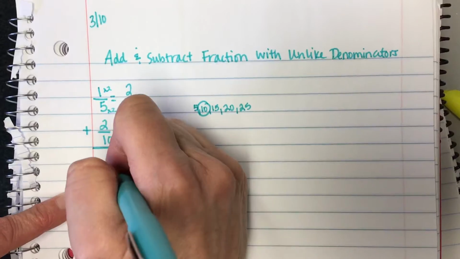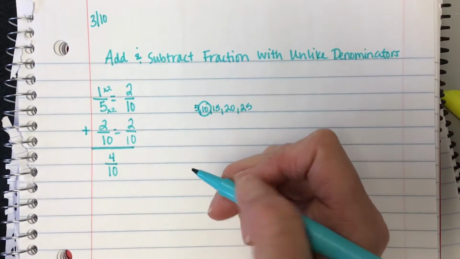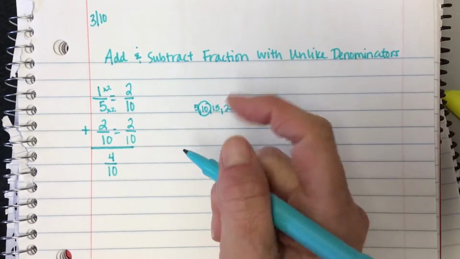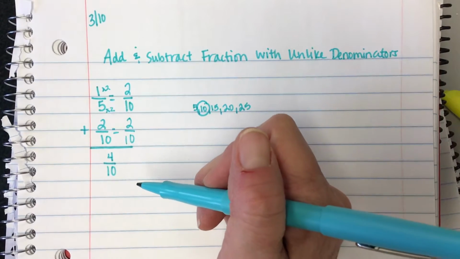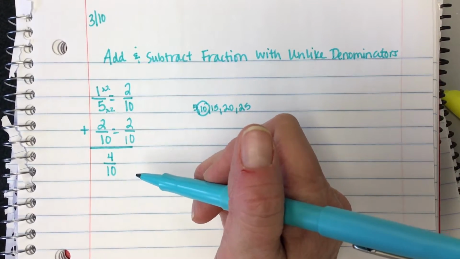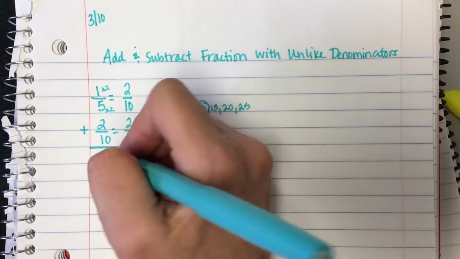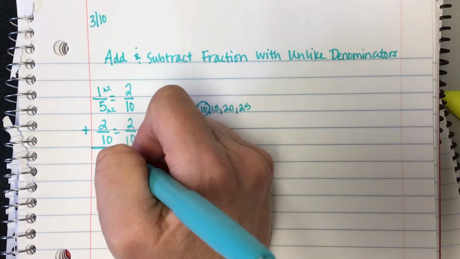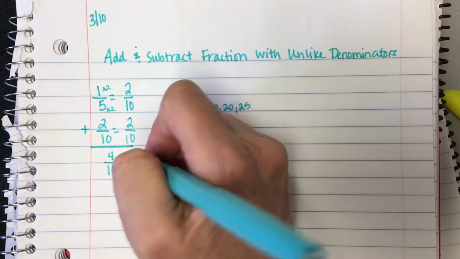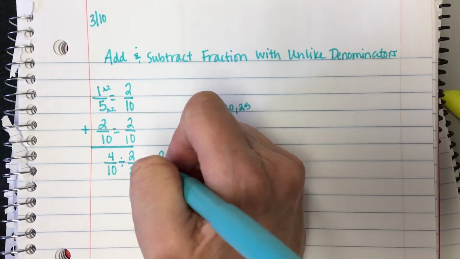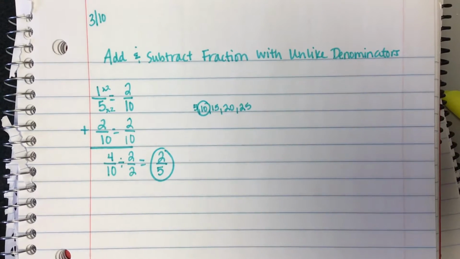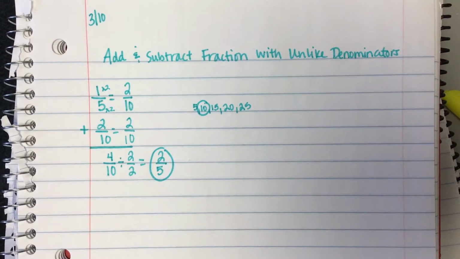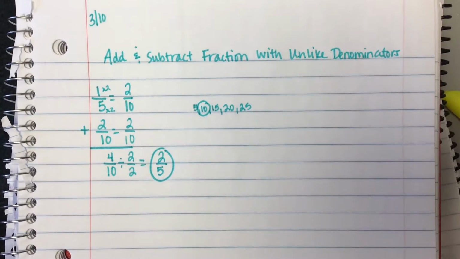And what do I always have to do when I'm adding fractions? Max? Make it in its simplest form. So what can 4 and 10 both be divided by? 2. So I'm going to divide those both by 2, and that gives me 2/5. Pretty easy, right?